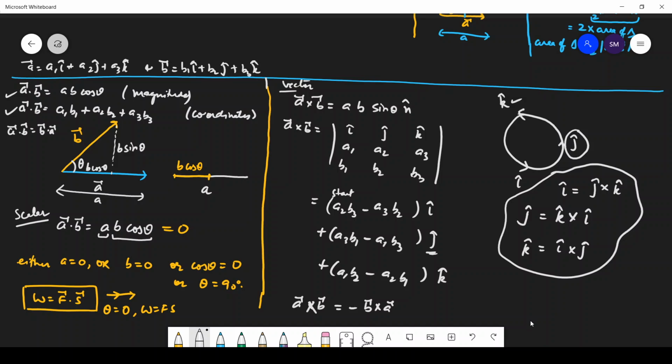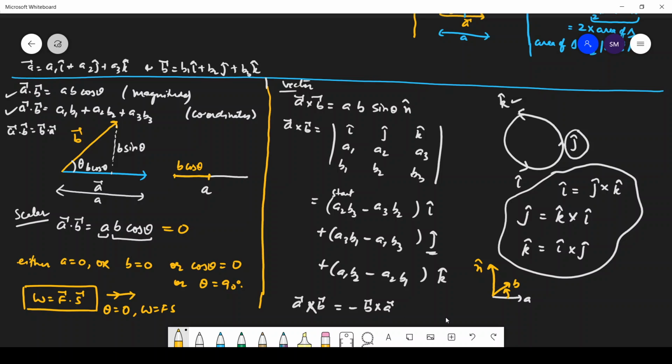Why? Because if this is your vector A and this is your vector B, then A cross B means you are putting your right hand on A and moving it towards B, so your thumb will point upward. So that's the n cap direction.